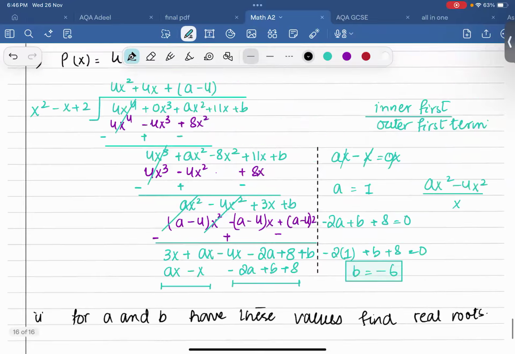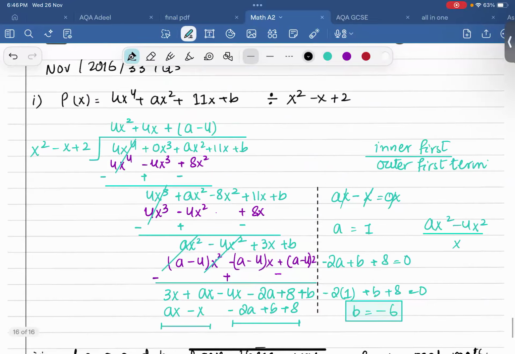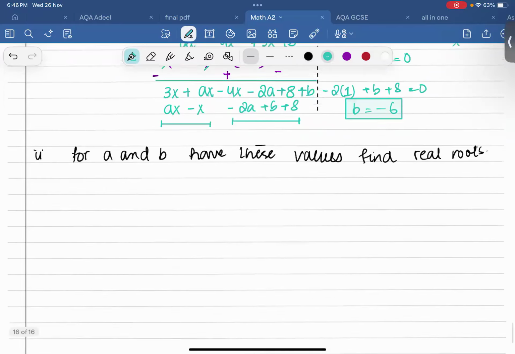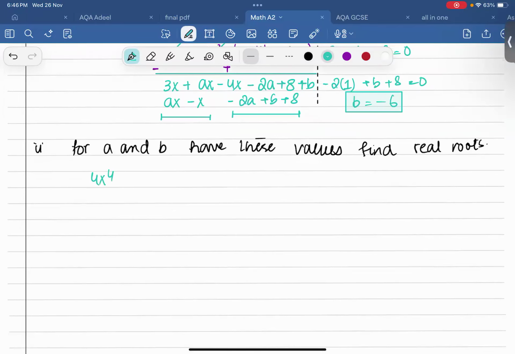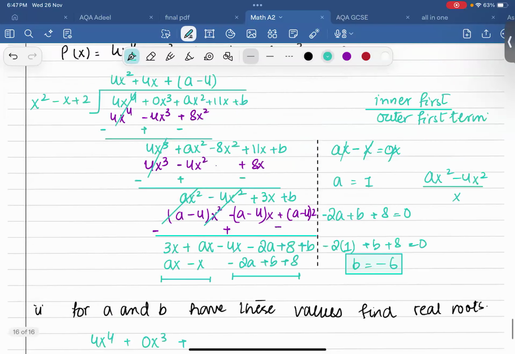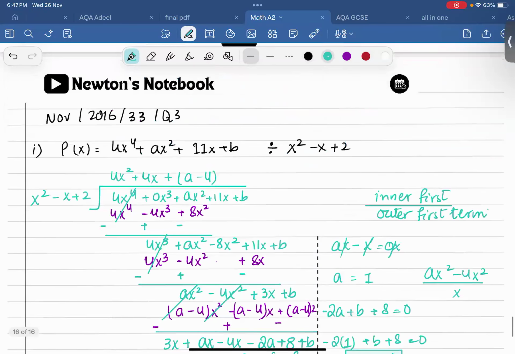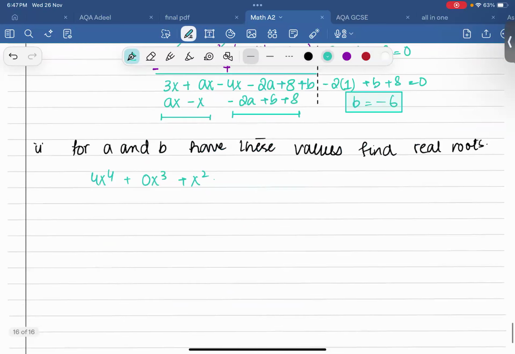Now, the equation is 4x power 4 plus ax squared plus 11x plus b. So 4x power 4 plus, you can write 0x cube, plus we have a as 1, so plus x squared, and then plus 11x and minus b, or minus 6, right? So this is the polynomial we have.